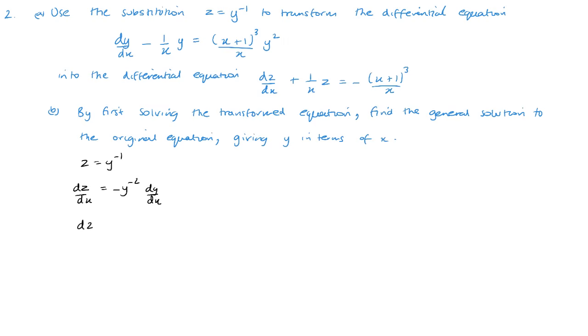Now y to the minus 2, y to the minus 1 is z, so if I square them both, y to the minus 2 will be z squared, won't it? So this is minus z squared dy by dx, and then we want dy by dx equals, so divide by minus z, so we get minus z to the minus 2 dz by dx.